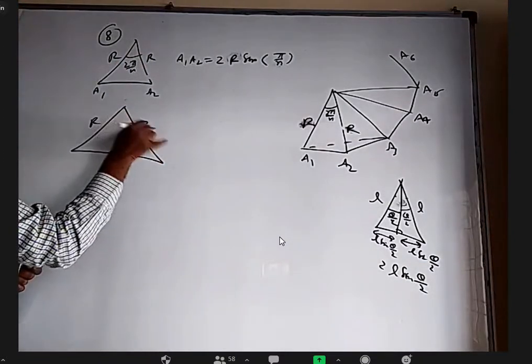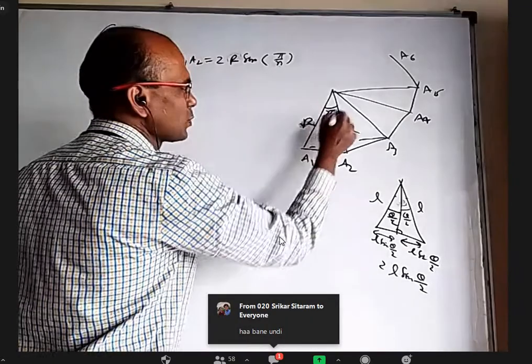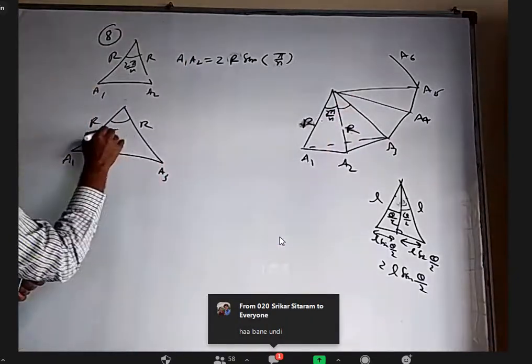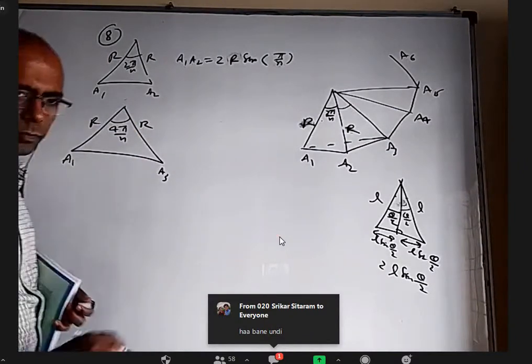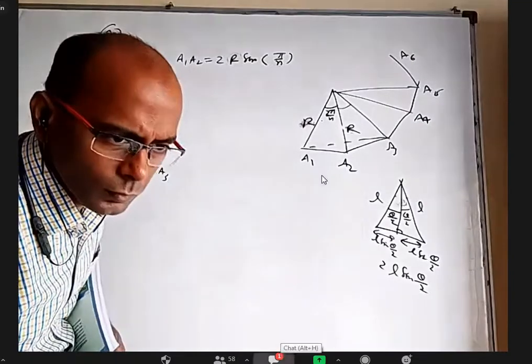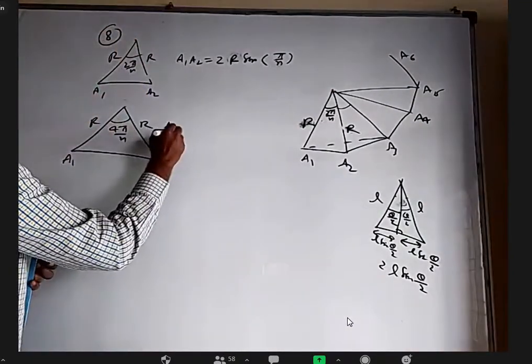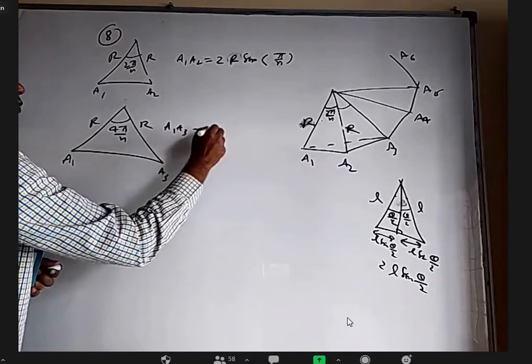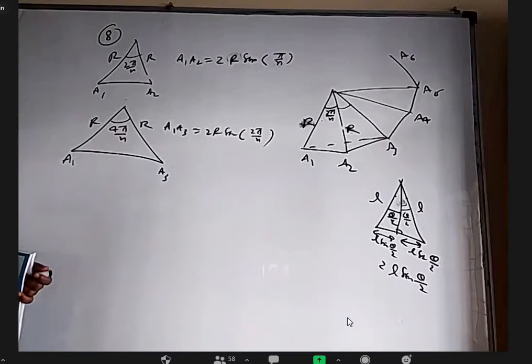This is capital R, this is capital R, this is A1, this is A3, but this angle is now 2 pi by n plus 2 pi by n, which is 4 pi by n. Again, using the same formula, A1A3 is equal to 2R sine 2 pi by n.